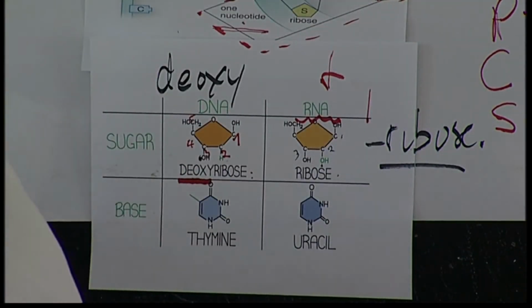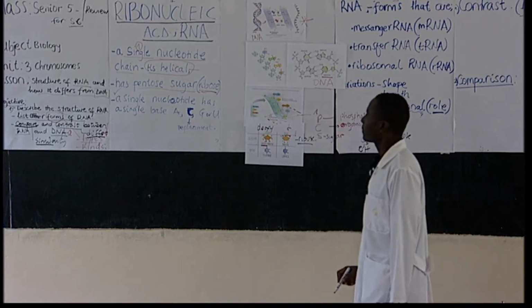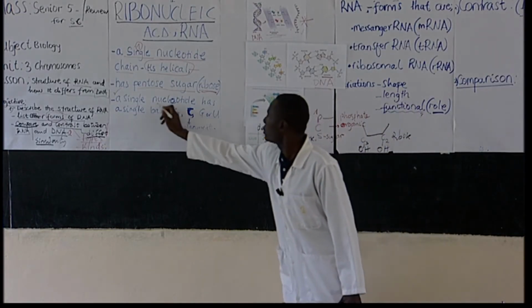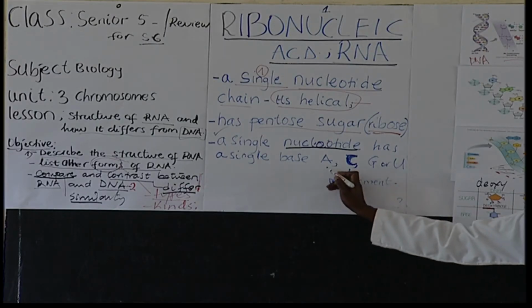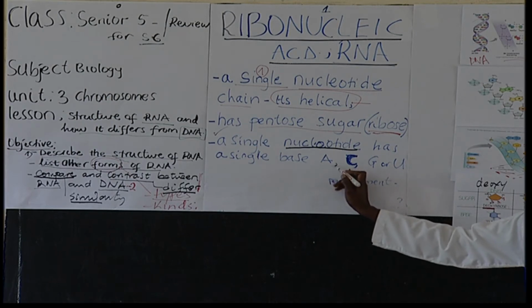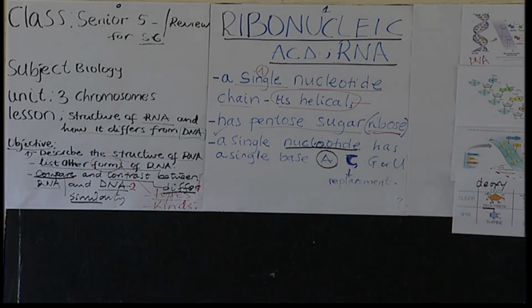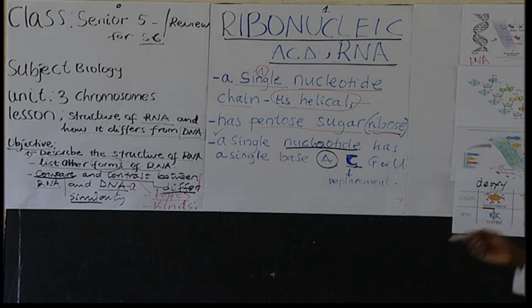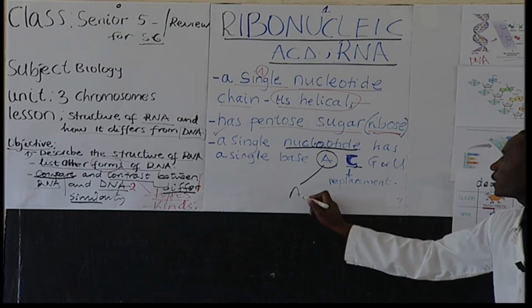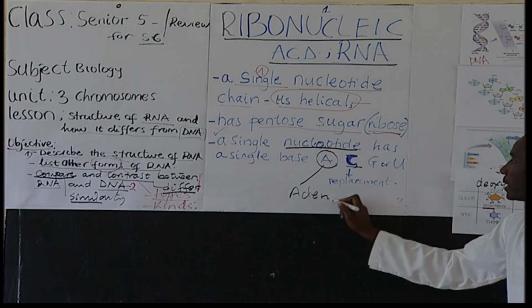Third component of the RNA, that it has a single nucleotide with a base, either A, or it can have a C. So we go back to the words in which we said this was adenine.